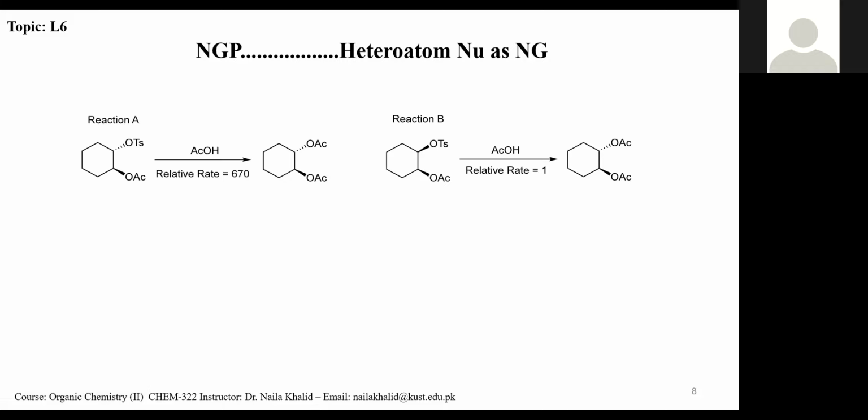Because of that, there is no possibility for participation of this group. This is equatorial and this is axial. So the cyclic intermediate formation is not possible. So in case of reaction B, the neighboring group is not participating in the reaction. That is why the reaction rate is relatively very, very slow as compared to this one.